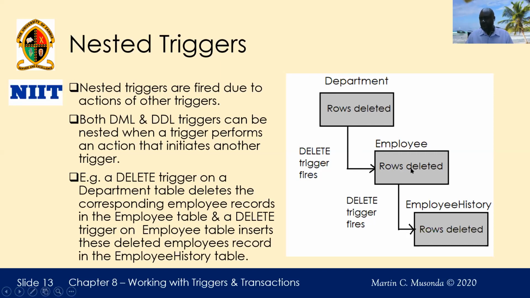Then the trigger also deletes the details in the employee table, and that information is moved into the employee history table. So we have this trigger resulting in this other trigger being executed. So these are nested triggers.